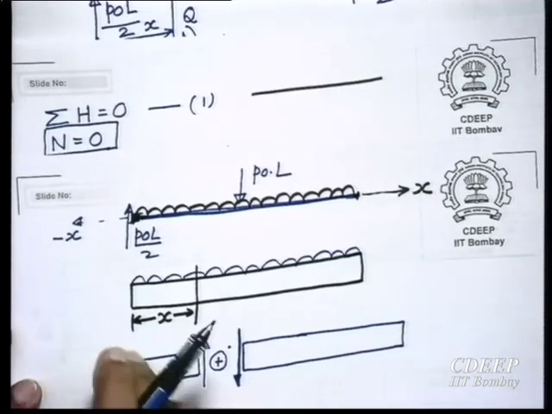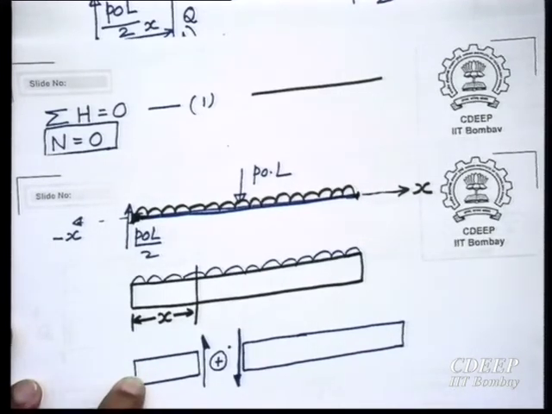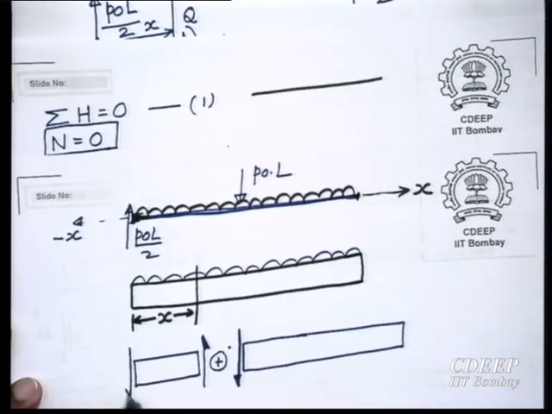What about this end? On this side, this is negative. So, this face is similar to this face. So, this face positive is here. So, this shows complete positive shear force. On this element, the positive shear force on the positive x face is upwards, negative x face is downwards.